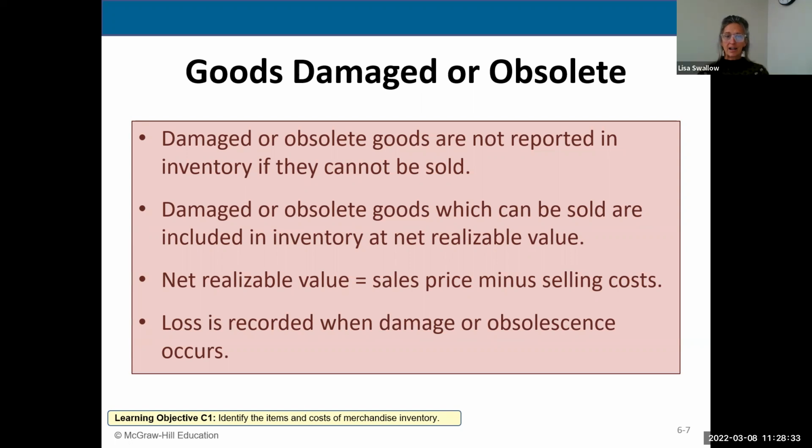What is it actually going to be sold at, if anything? So say I'm carrying a bunch of iPhone 5s in my inventory that I purchased for $600 each to resell. Well, now really they're not worth probably 40 bucks a pop. So I have got to write them down to net realizable value.